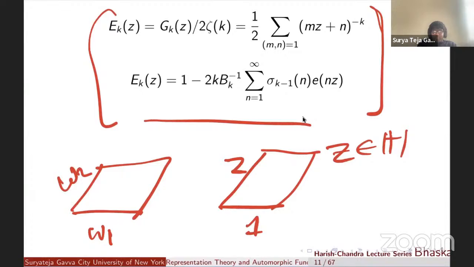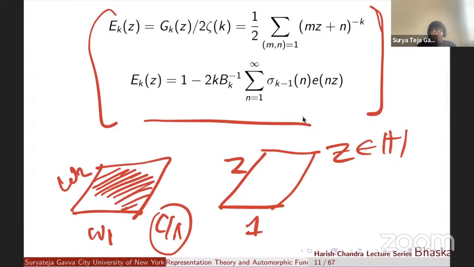Yes, if you give me this space C mod the lattice, I can write W1, W2 in terms of some integrals on the quotient space. But right now we are thinking of it as a lattice. So coming from probably the Legendre differential equation, right?